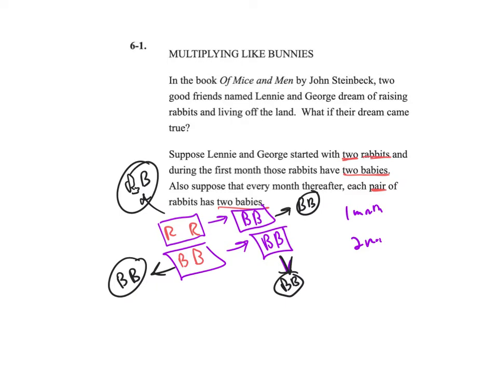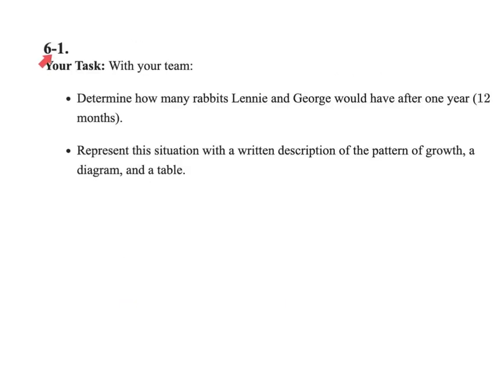Now let's look ahead and see what the questions are around this. So your task on 6-1 is to determine how many rabbits Lenny and George would have after 1 year, which is 12 months, and to represent this situation with a written description of the pattern of growth, a diagram, and a table.